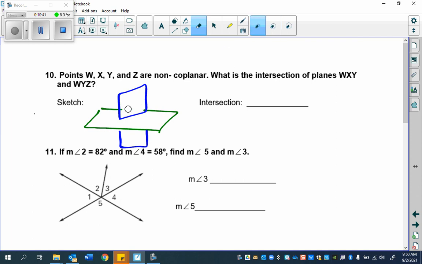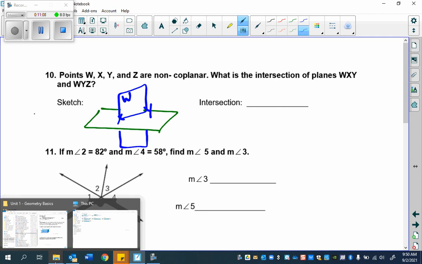And we can erase this to see that blue plane and that green plane. So W, X, Y, and Z, let's talk about the first plane, W, X, and Y. We'll make that the blue plane. So we'll make W be here, and we'll put X here and Y here.